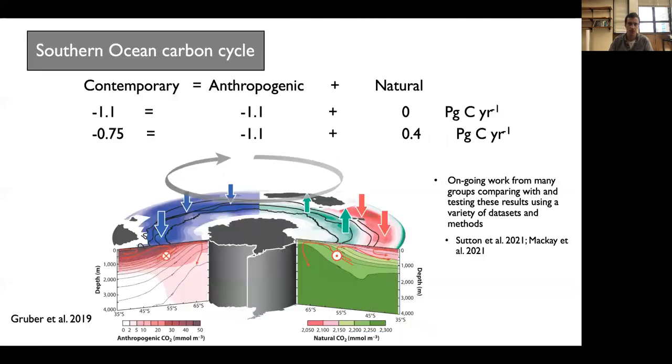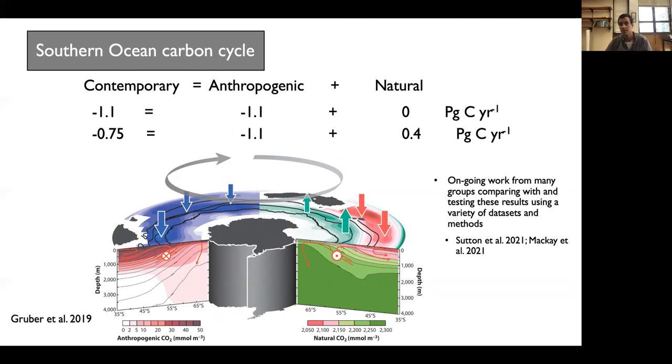And so if we go back to our budget for the Southern Ocean carbon cycle, our calculation of a contemporary flux of 0.75 petagrams of carbon per year and our continued anthropogenic uptake of minus 1.1 gives us a natural carbon outgassing of 0.4 petagrams of carbon per year.